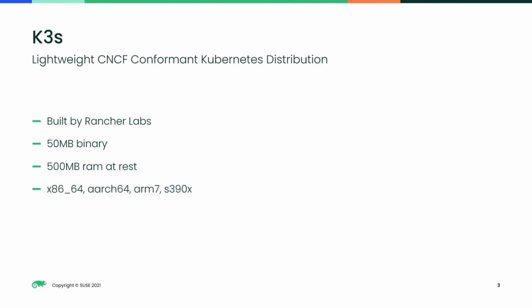Because of this size, it makes it very attractive to install on smaller footprint devices. Think Intel NUC, Raspberry Pi, something along those lines. Imagine you're a company buying 20,000 nodes to deploy across all of, say, your retail stores.